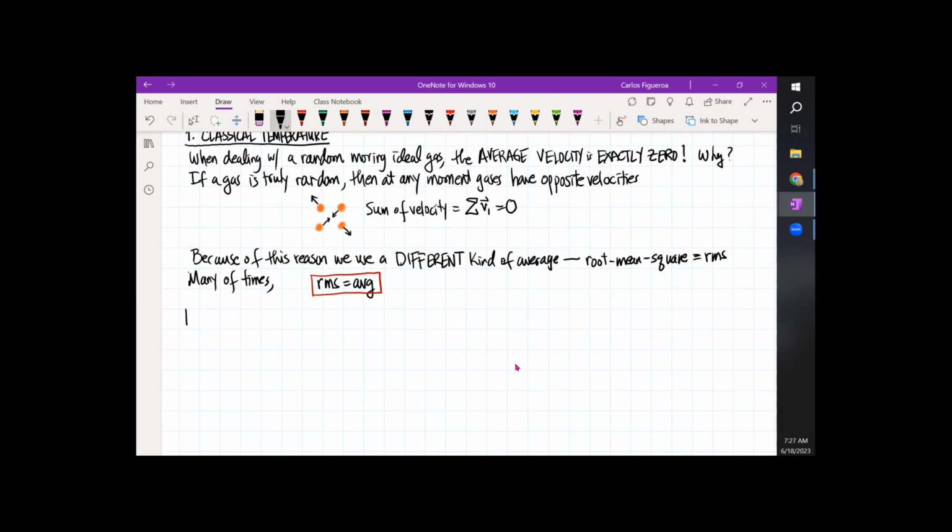So here is the classical temperature. When we say the classical temperature, in this course, I'm just going to say temperature. And what this tells us is that it's proportional to K RMS, which is equal to 1/2 m v RMS squared.